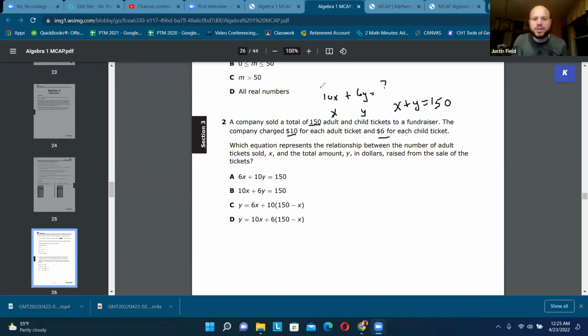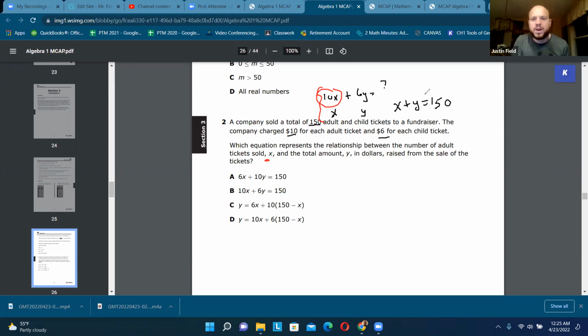So this is my original brainstorm, but it doesn't mean that it helps us answer the question all the way, but it does get us started, right? The only thing is they said that the number of adult tickets is X. Oh, but I said that too. So then we have 10X, right?